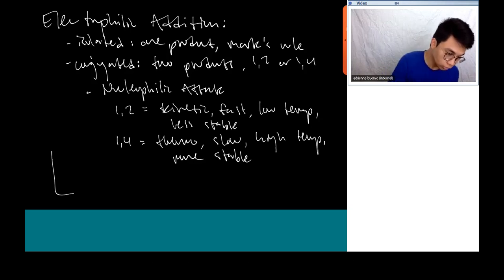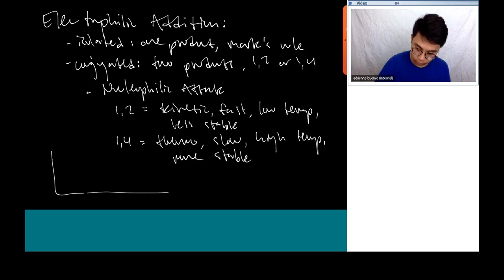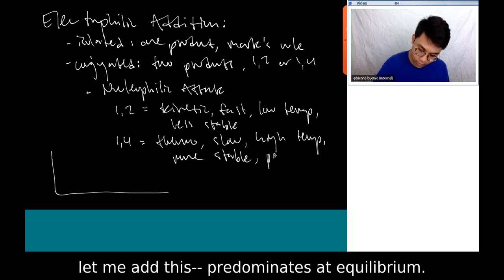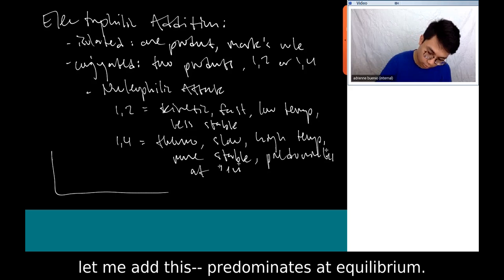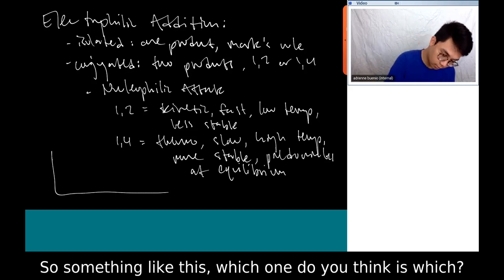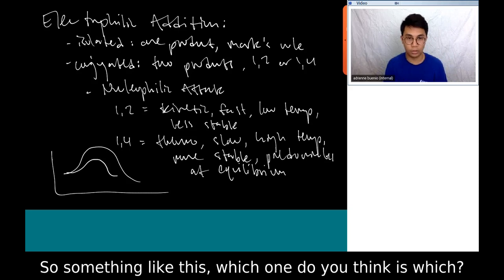Let me add this: predominates at equilibrium. So if you were to see something like this, which one do you think is which?